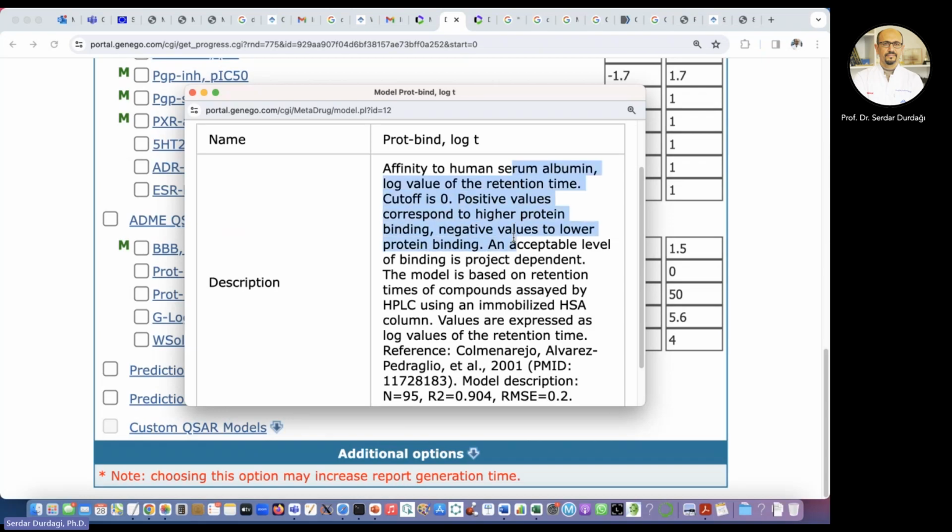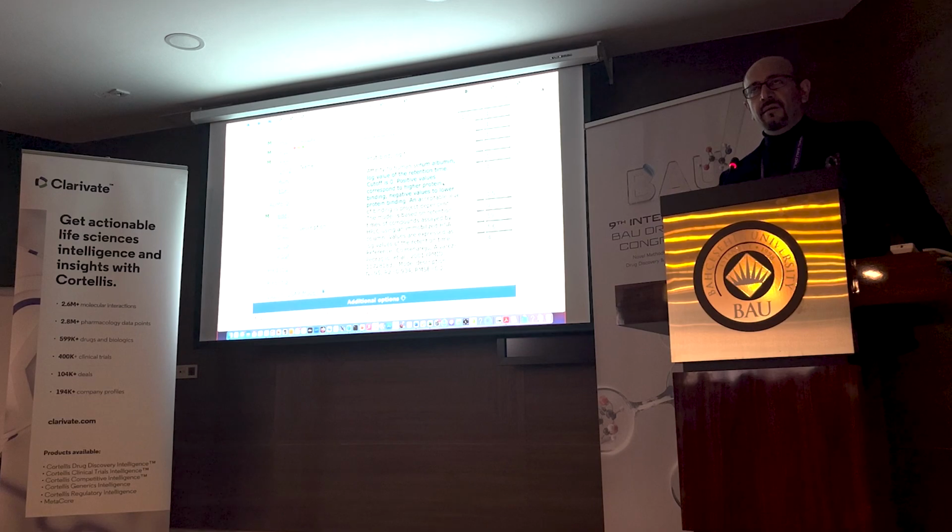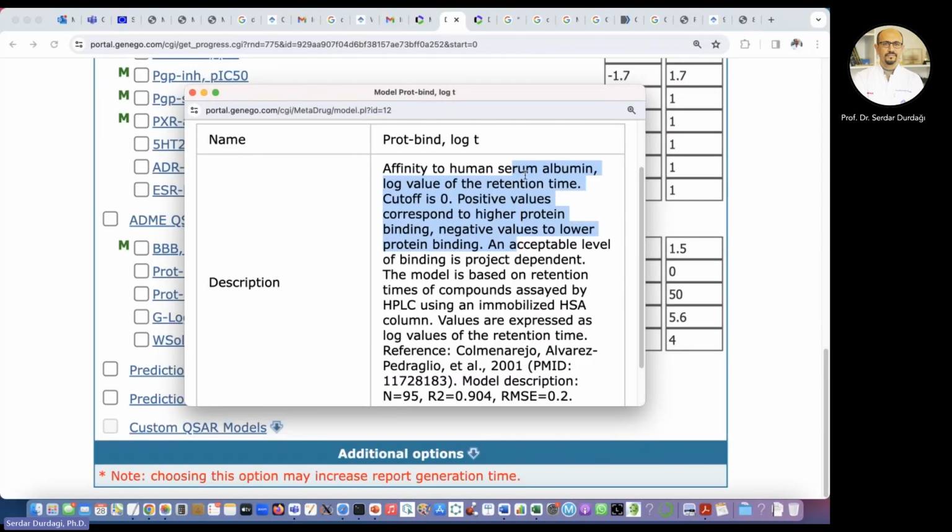It may bind to human serum albumin with a high affinity, but if the retention time is short, then it may not create a problem. But sometimes it may bind with a low or weak affinity, but if the retention time is high, again, this may create some problems. So you need to check this as well.